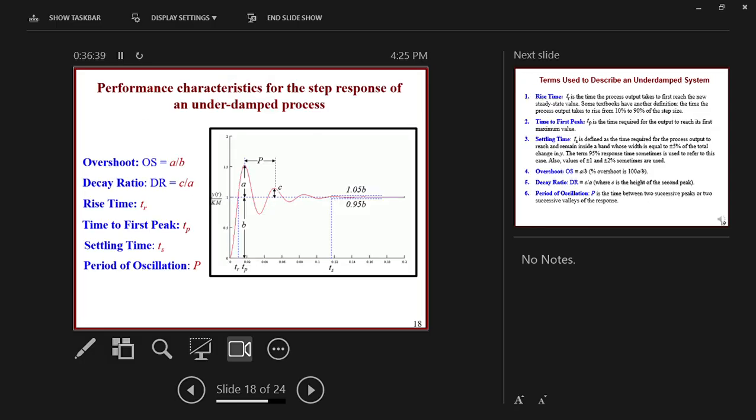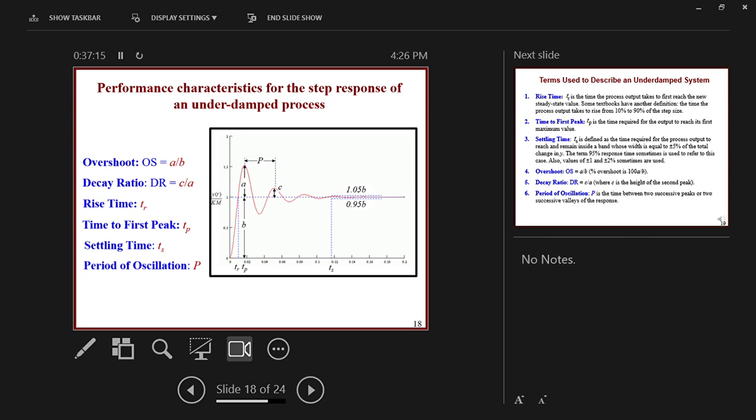Now, as you saw, there are different solutions for the second order system depending on the value of zeta. And there should be a way to describe all these responses in a more generalized form. So that's why we come to this point to put performance characteristics for the dynamics of a second order process under the effect of a step change in the input.